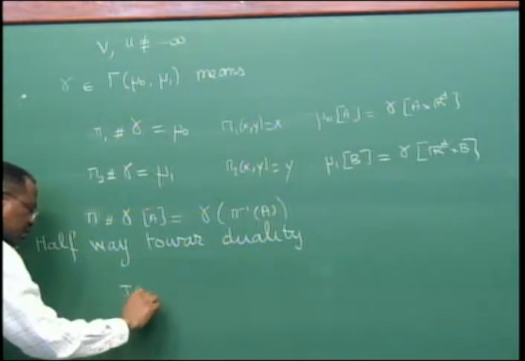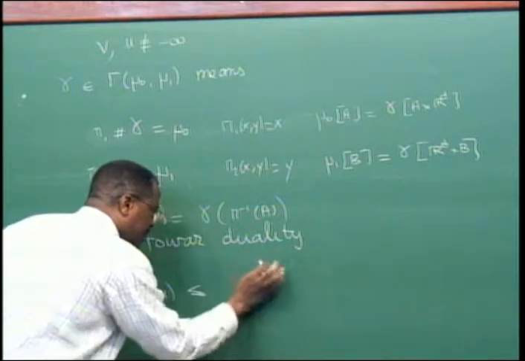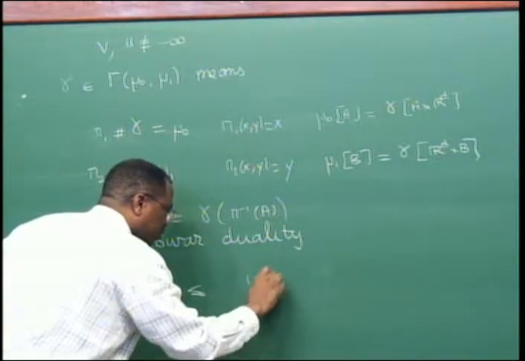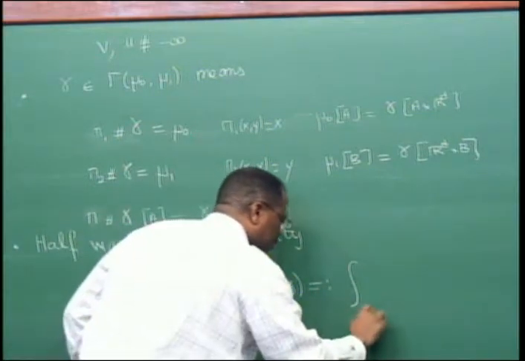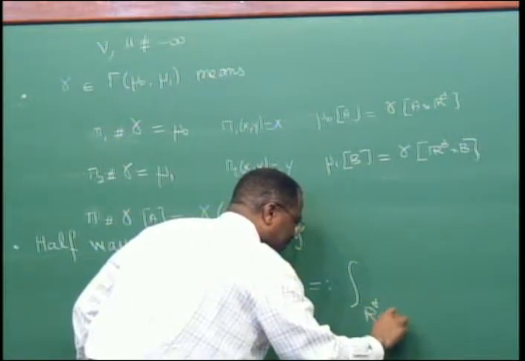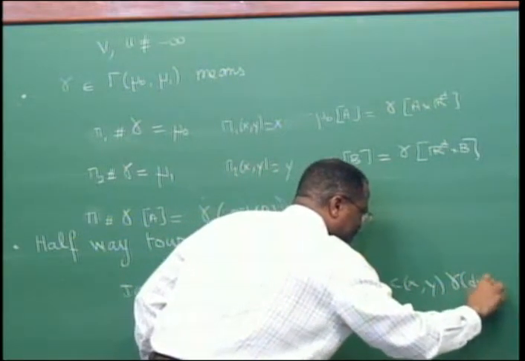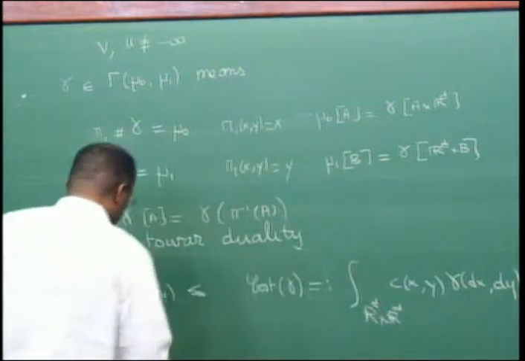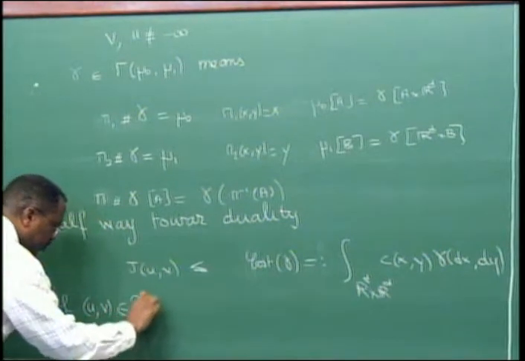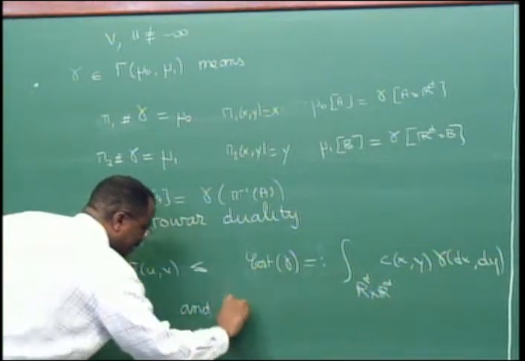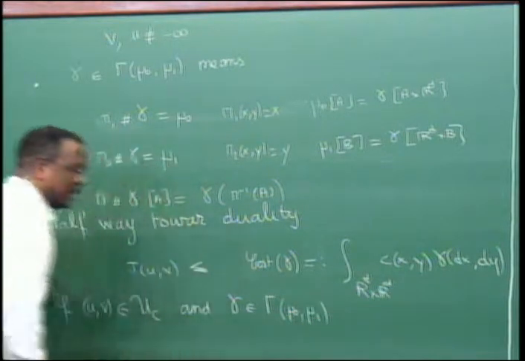J of (u, v) is smaller than or equal to the cost associated to gamma, which is by definition the integral over R^d cross R^d of c(x, y) d gamma, if (u, v) is in U_c and gamma has mu naught and mu 1 as its marginals.